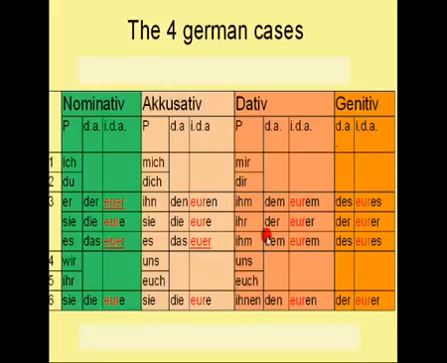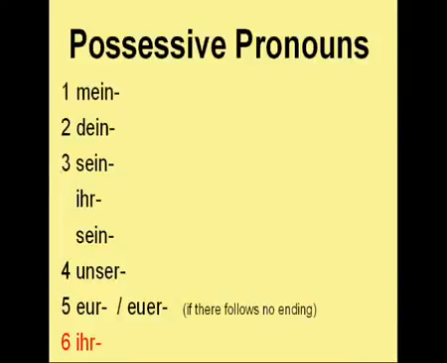And here you see how it looks like. In every case, the word stem is eur-, e-u-r, except for those where there follows no ending, like here, euer, and here, and here. These 3 ones. If the possessor is in the third person plural, its word stem is ihr.